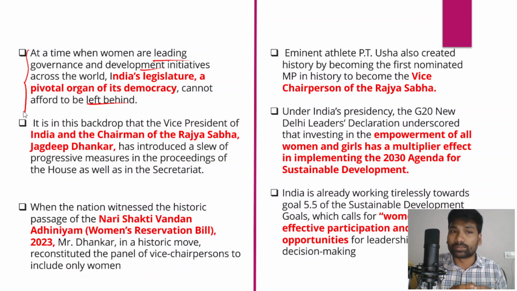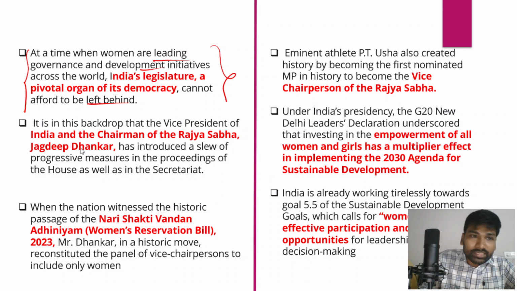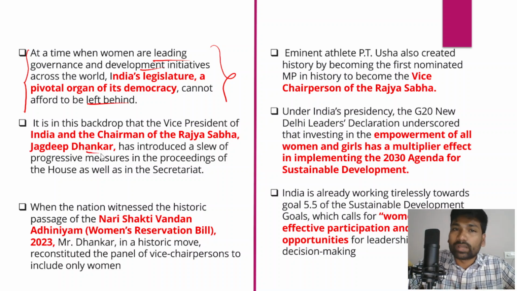Now, particularly in this backdrop, the Vice President of India and Chairman of Rajya Sabha, Jagdeep Dhankhar. He is the Vice President of India and also Chairman of Rajya Sabha. We all know that whoever is Vice President of India is going to be the chairman of Rajya Sabha without being a member of the Rajya Sabha.